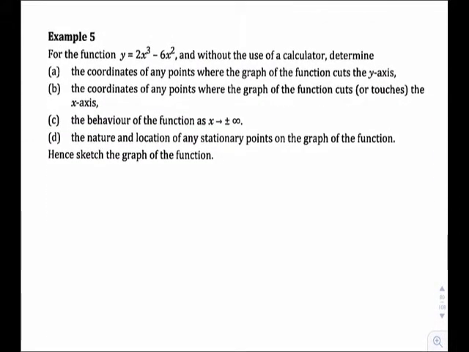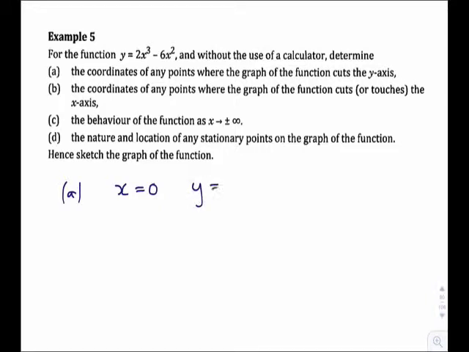A little bit more interesting when we get a cubic. So here we've got 2x cubed minus 6x squared. So we're going to go through all of these carefully and we're going to end up being able to sketch the graph of this function here. So firstly we want the coordinates of any points on the curve or on the graph where the function cuts the y-axis. A function goes through the y-axis when x is equal to 0.